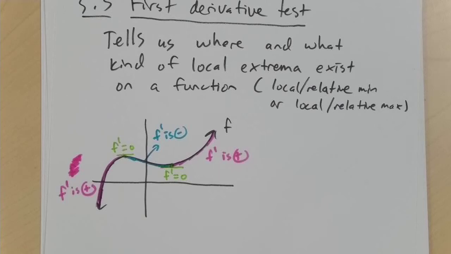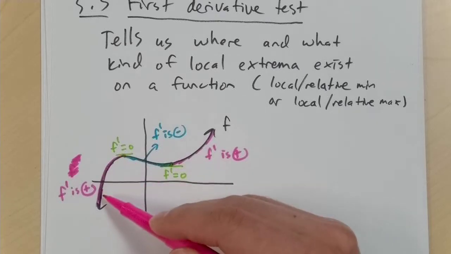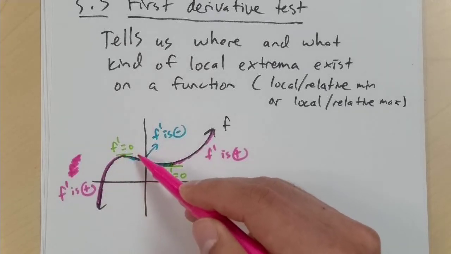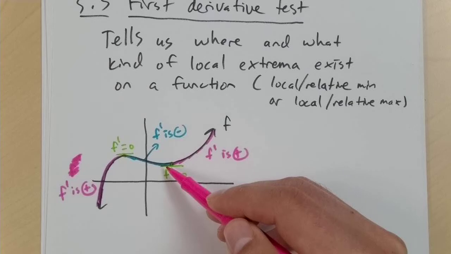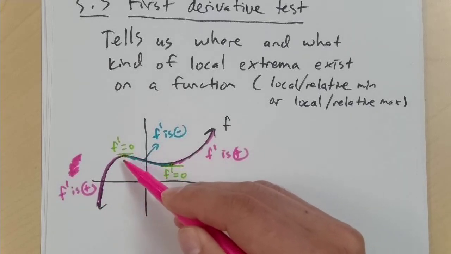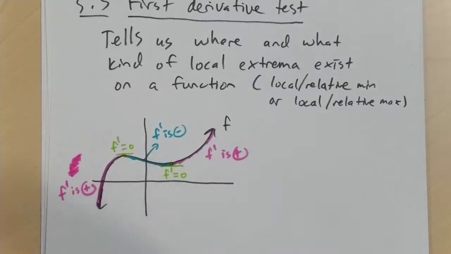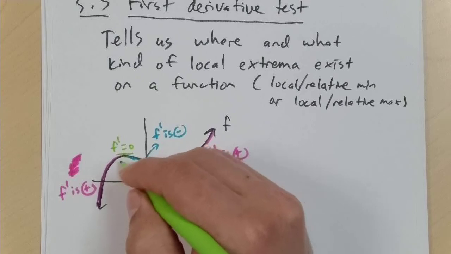Okay? So using this, anytime we change from positive to negative on the derivative, so if the derivative is positive and then it changes to negative, right here we have a relative max, because it's a high point.